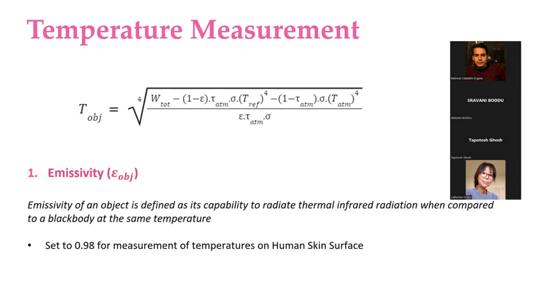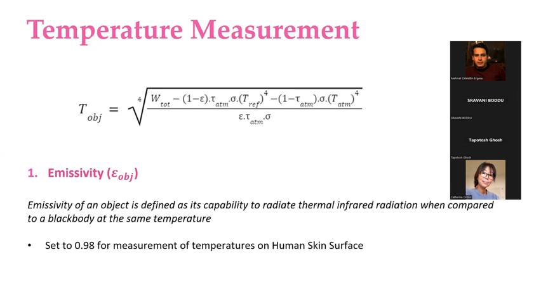The first one is emissivity. Emissivity of an object is defined as its capability to radiate thermal infrared radiation compared to a black body at the same temperature. Emissivity value of 0 indicates a perfect reflector, whereas emissivity of 1 indicates a complete absorber like a black body.